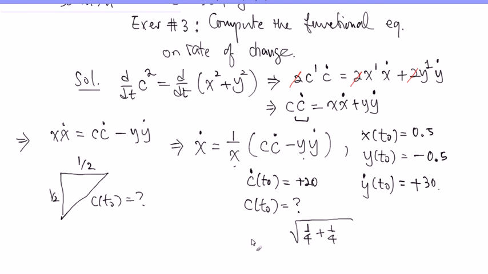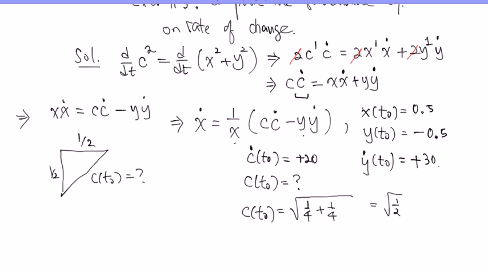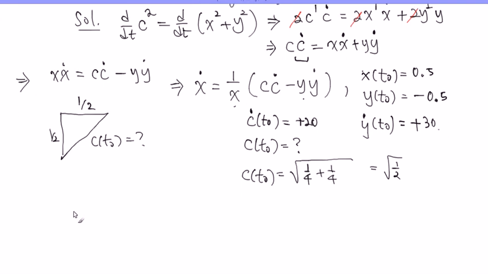So all together, that was the square root of 1/2, right? So that's what that is. All right. Where did I get this one? From this triangle. c of t0, this is y of t0. I was incorrect. This should actually be negative 1/2, right? That's the coordinate. But after you square it, it becomes positive.